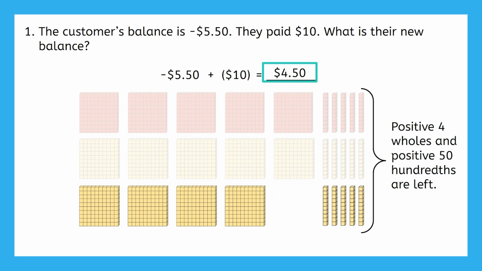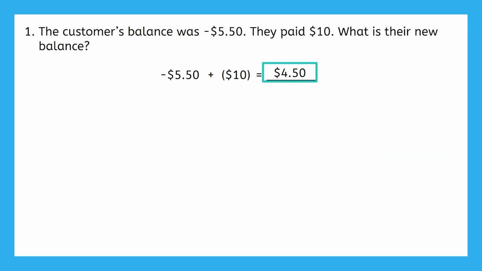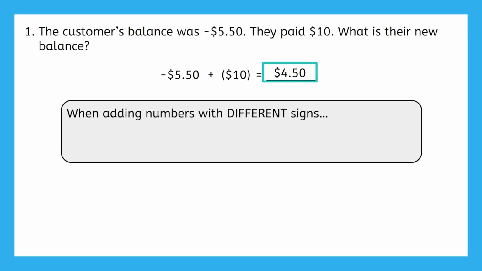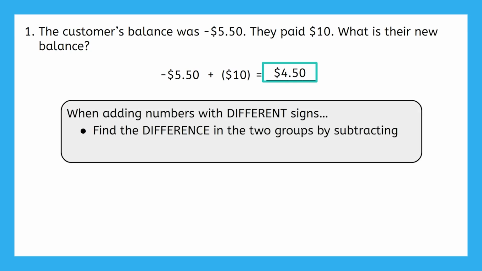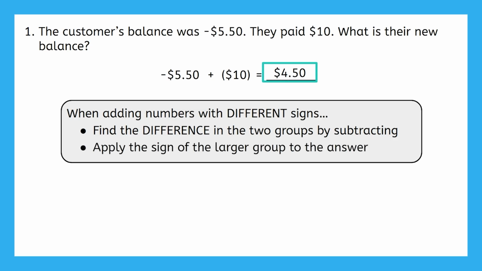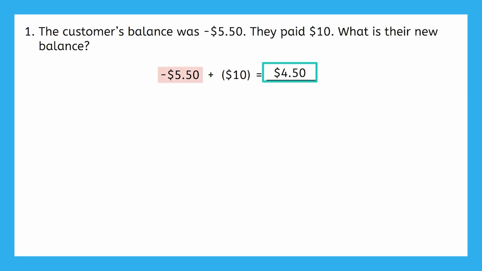Just like with integers, when adding numbers with different signs, find the difference in the two groups by subtracting. Then apply the sign of the larger group to the answer. The negative group has 5 and 50 hundredths, and there are 10 positives. Since there are more positives, find 10 minus 5 and 50 hundredths. Remember to add placeholder zeros to align place values.